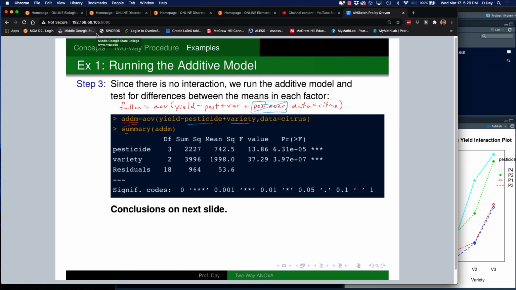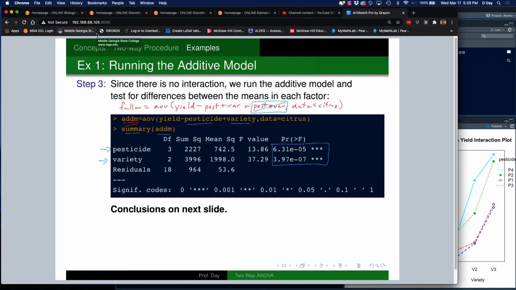And then I do summary add M. And you notice I have no interaction row in my table down here, but I have one for the main effect for pesticides, and the main effect for variety. And when we look at the p-values, these are, yes, still significant, but look how much more significant the p-value for pesticide is now. That's a lot stronger case than the one we had before.